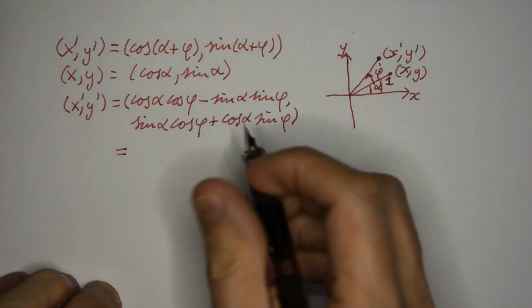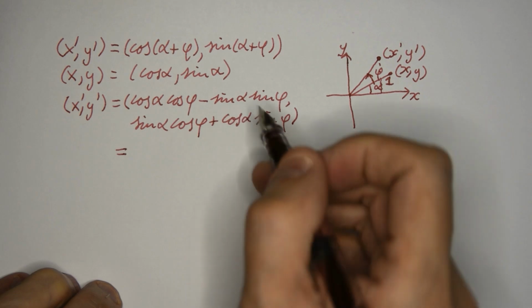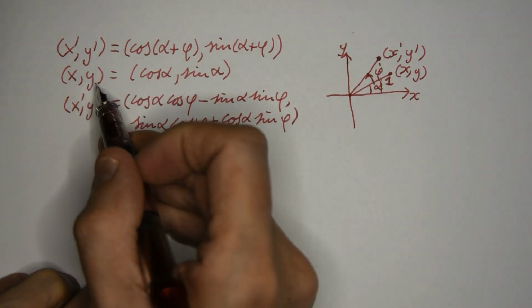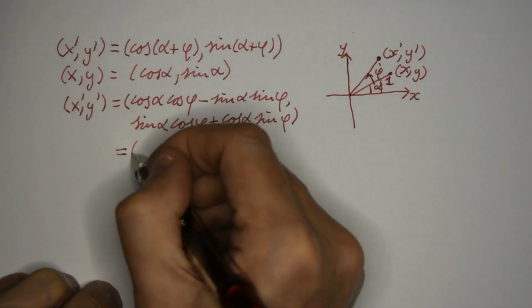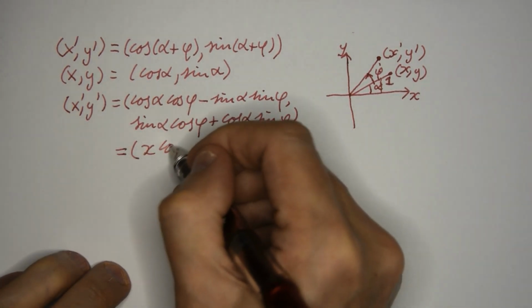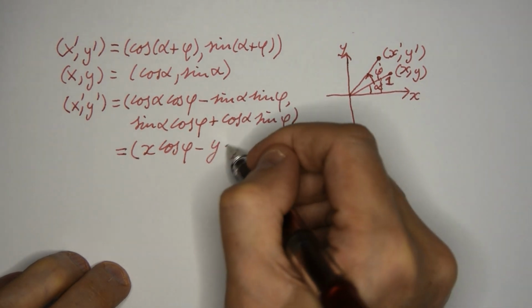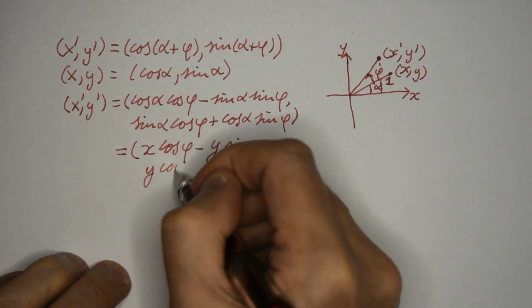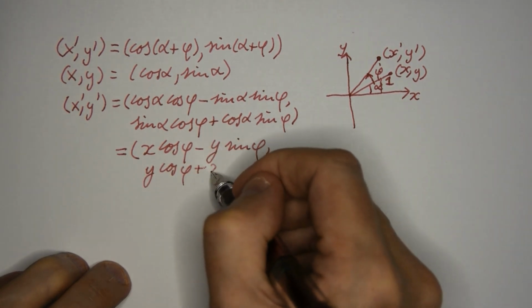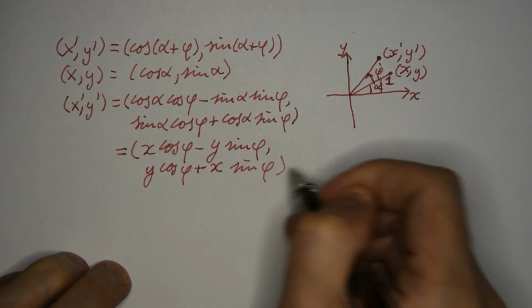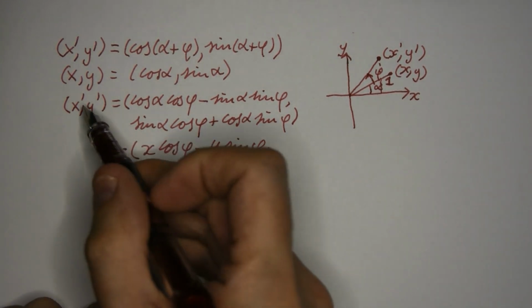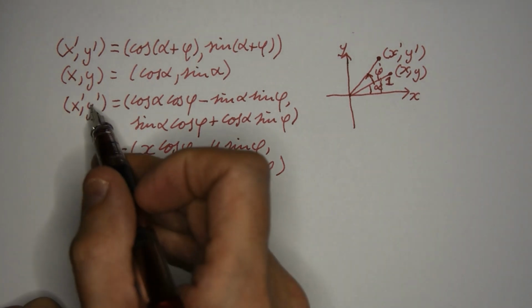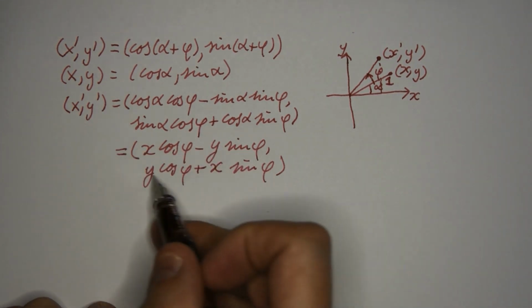Now we're going to substitute cosine alpha and sine alpha for x and y, because x equals cosine alpha and y equals sine alpha. So here we get x cosine phi minus y sine phi, comma, y cosine phi plus x sine phi. Yeah. So now we see that x-accent, the new coordinates after rotation, will be this, and the new coordinate y-accent after rotation will be that.